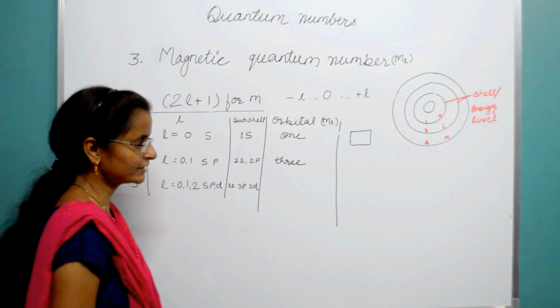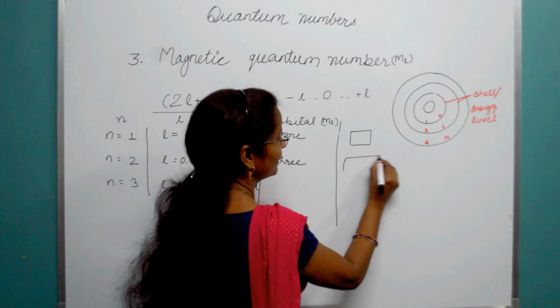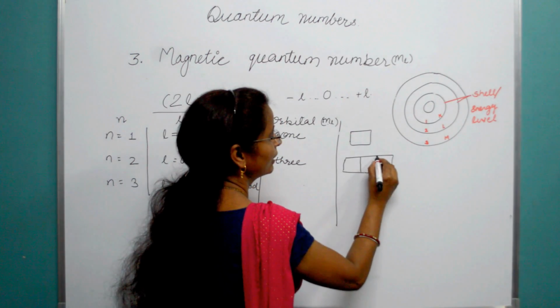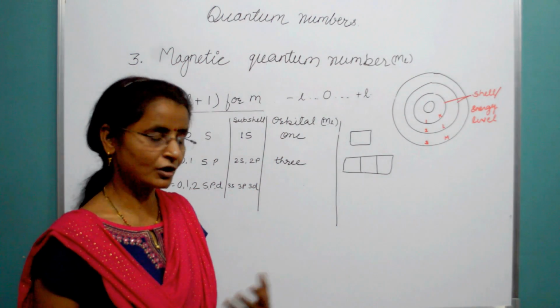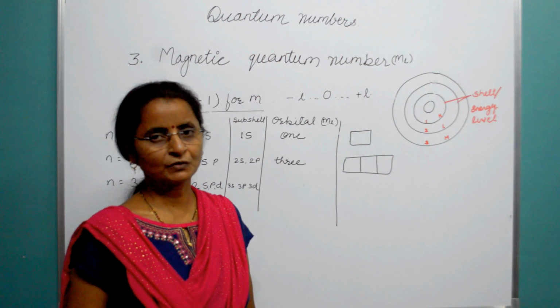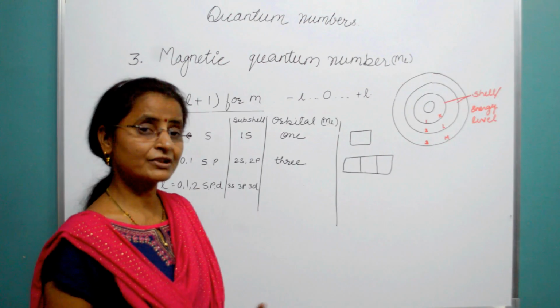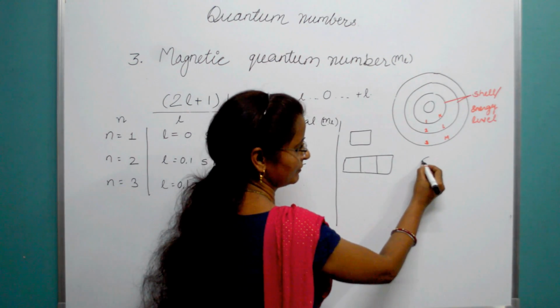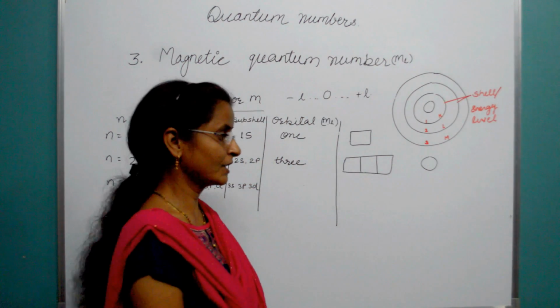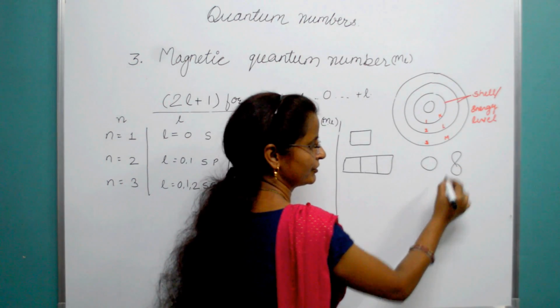How many orbitals are there? 3. So that's why. And the shape of an orbital, what does it depend on? The probability of electron density. So different shapes are there. For example, s orbital is spherical in shape, p orbital is dumbbell shaped.